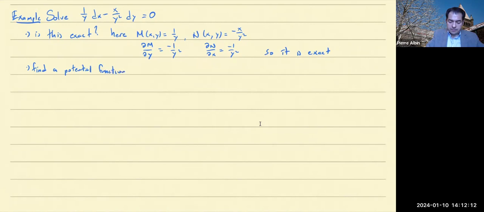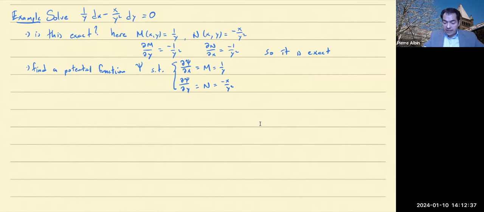So let's find one. This should satisfy that the derivative of psi with respect to x is equal to m, which is 1 over y. And the derivative of psi with respect to y should be equal to n, which is minus x over y squared.